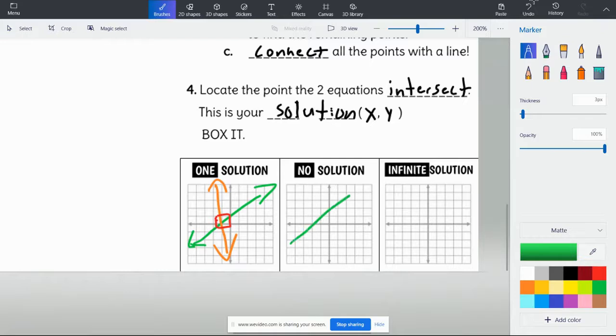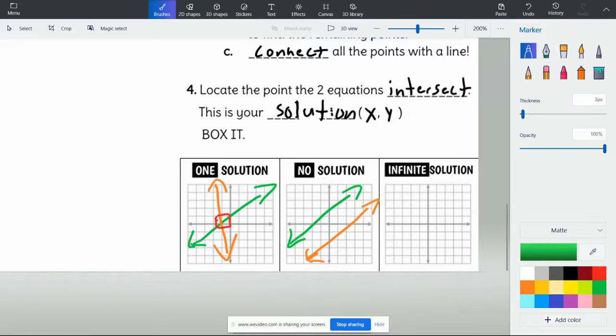All right, no solution would be, we have the green line like that, and the orange line like that. Those are parallel lines. Those lines are never going to intersect. There's no possible solution that fits both of them. And then infinite solutions, think through what that would be real quick.